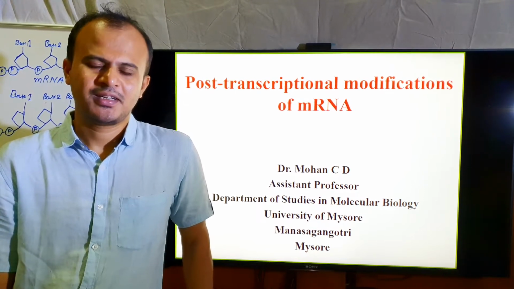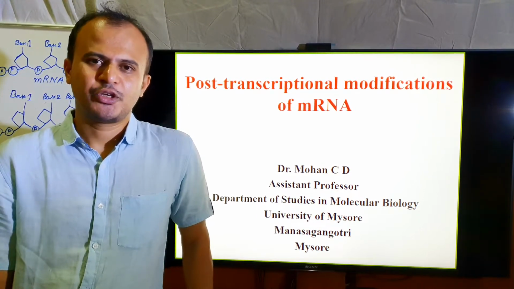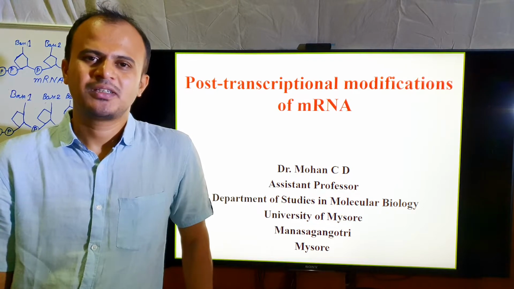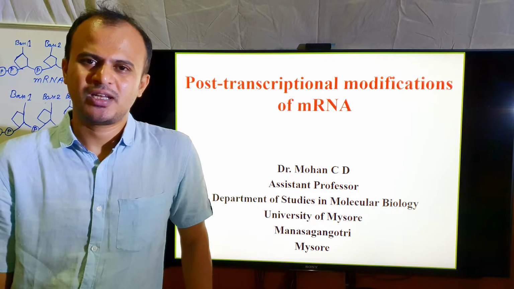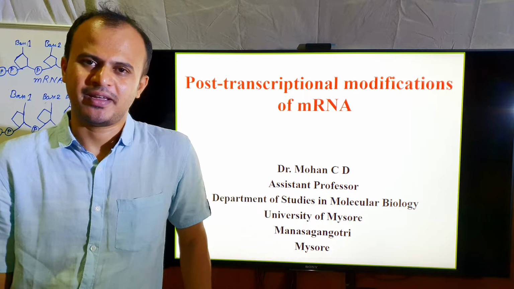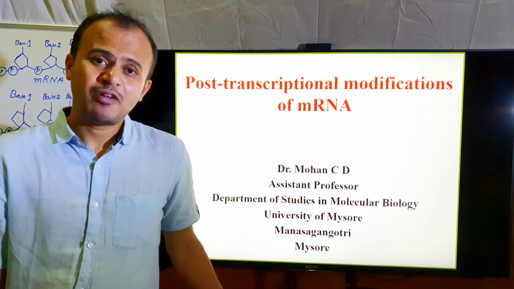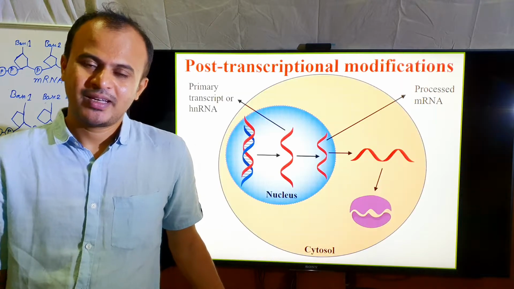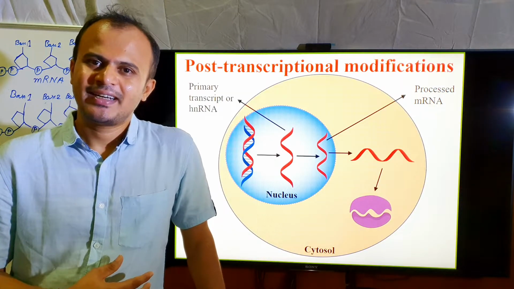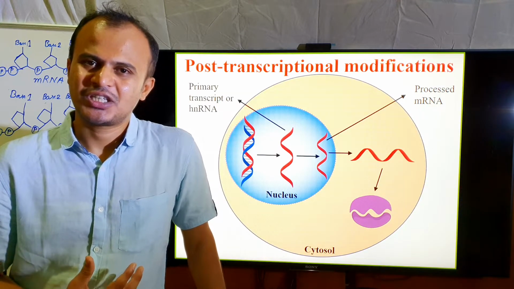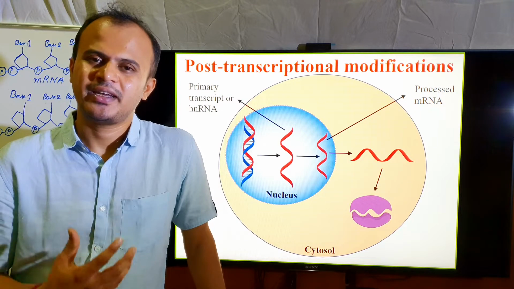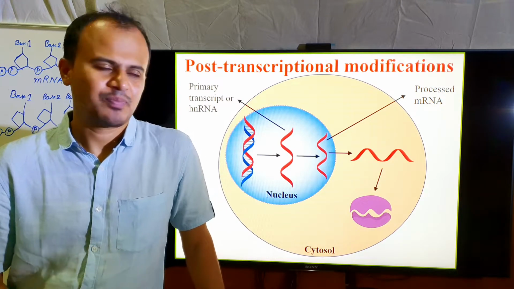Hello everyone. I will be teaching you about the post-transcriptional modifications of mRNA in case of eukaryotes in this class. First, we should know how exactly transcription and translation are operated in case of the eukaryotic cell.